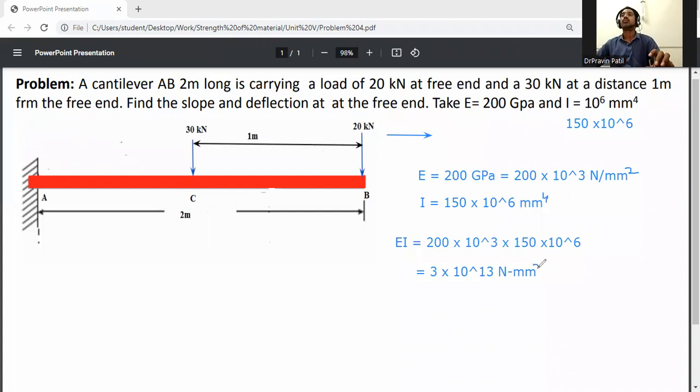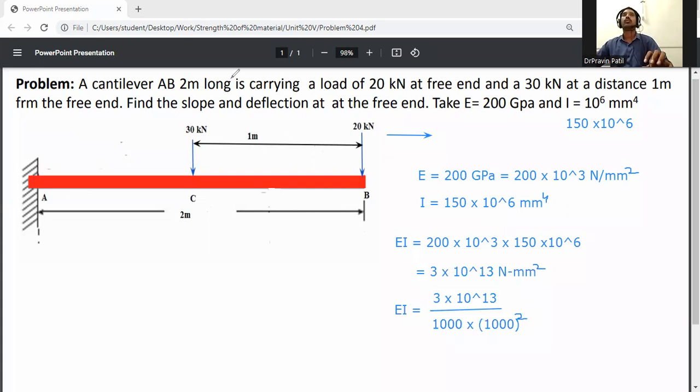So convert this to kilonewton meter square. EI is 3 into 10 raised to the power 13 Newton mm square. Newton to kilonewton is divided by 1000. Then mm to meter: 1 meter is equal to 1000 mm, so square, 1000 square.